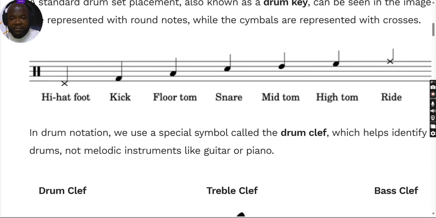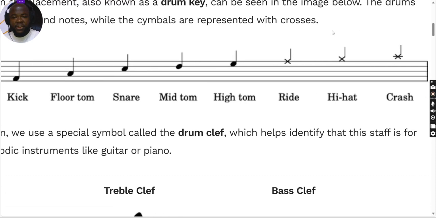And then we have the ride cymbal resting on the fifth line, and then we have the hi-hat, which is usually played with a drumstick, resting above the fifth line. The ride is on the fifth line, while the hi-hat is resting above the fifth line.